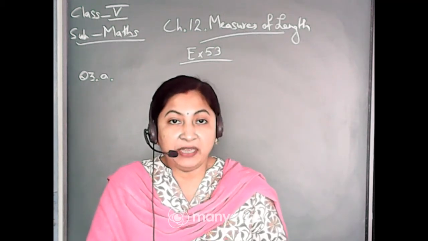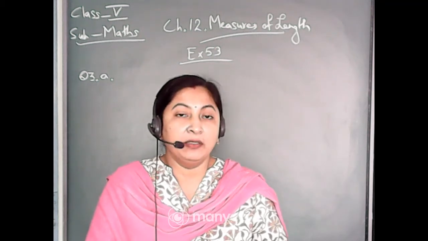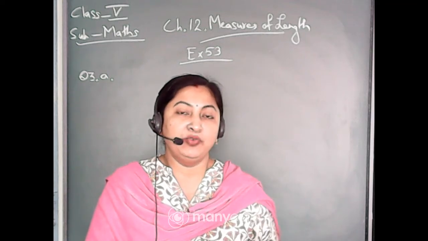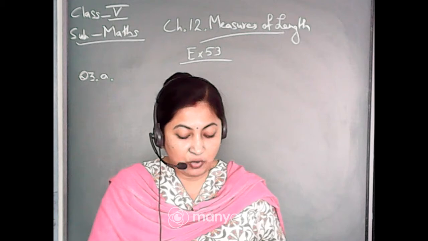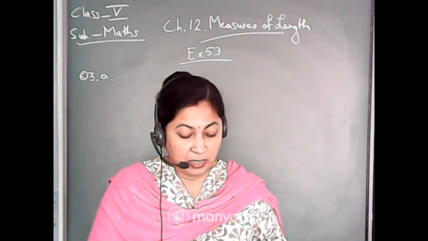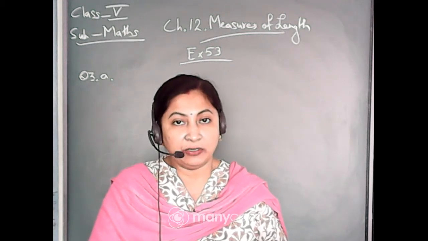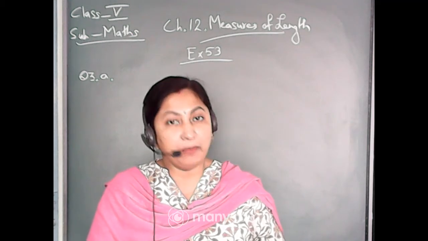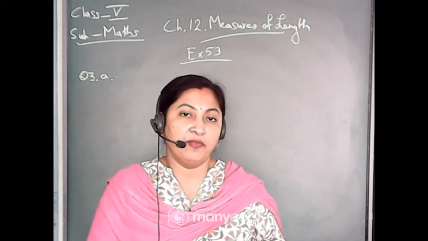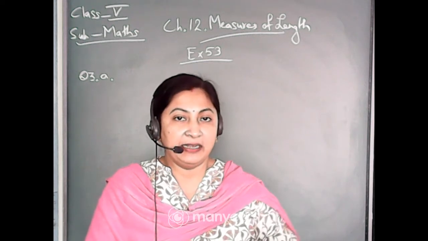That means meter will be the base unit, and related to the base unit we have some higher units and some lower units. The higher units are decameter, hectometer, and kilometer, whereas the smaller units are decimeter, centimeter, and millimeter. That means it starts from kilometer and ends in millimeter.